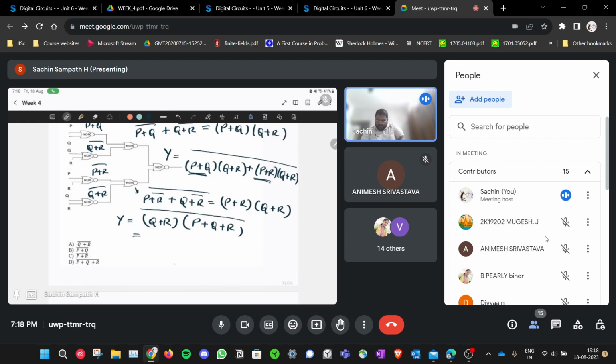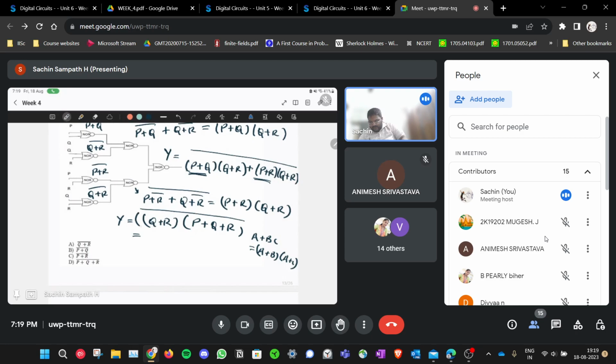And then there was this distributive property of addition with multiplication. That is A plus BC is A plus B into A plus C.